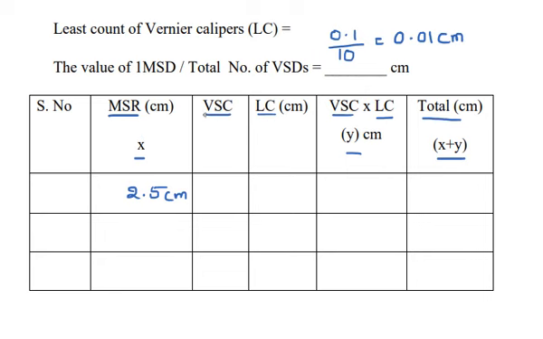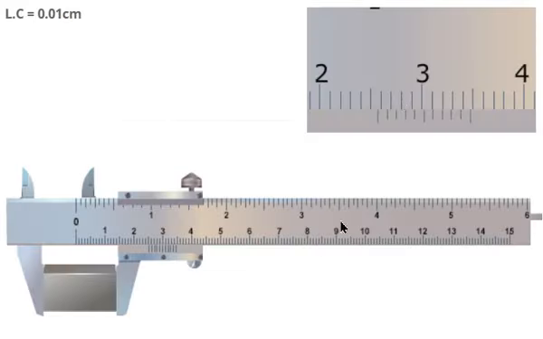Now we will check the vernier scale coincidence. You can read here which division on the vernier scale is exactly in line with the main scale.